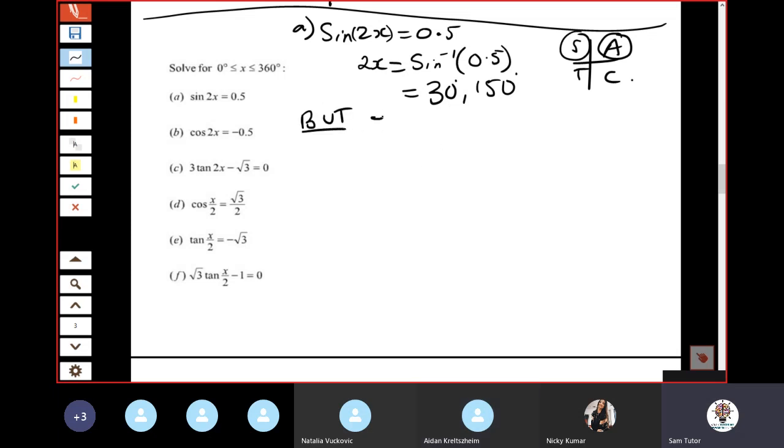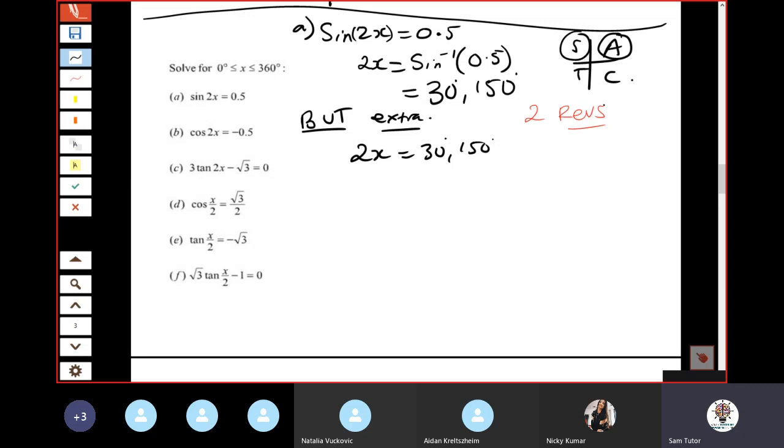But there's a little bit extra now that you've got to do. The extra bit is with respect to this 2x. What 2x does, it tells you it's doing 2 revolutions. Okay? So it's not just doing 30 degrees and 150, it's going to go another revolution.